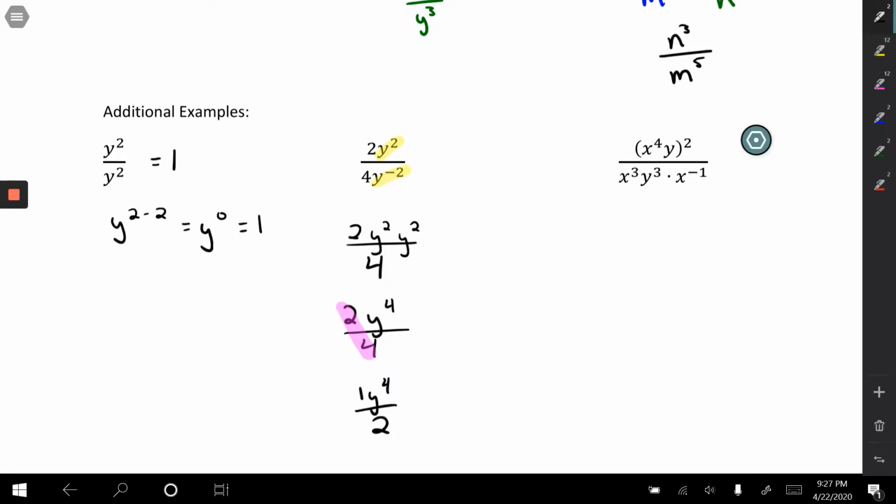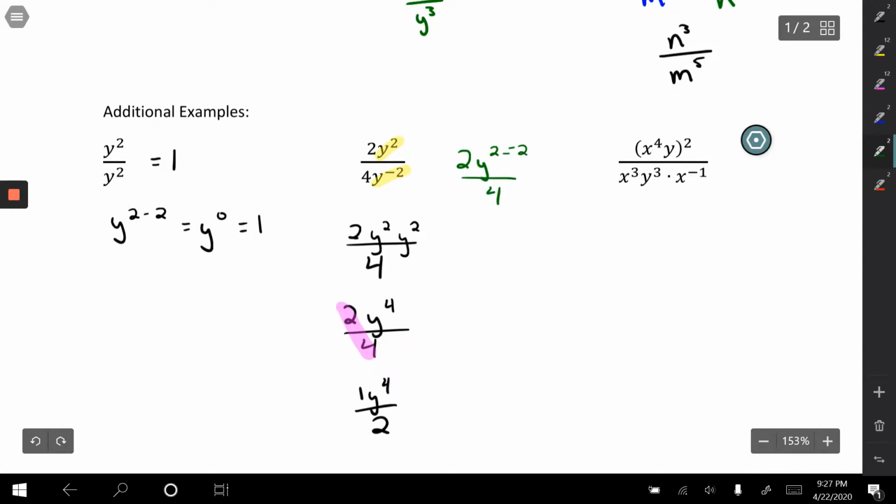There is another way that we can do this. Let's take a look at it. If I was using my quotient rules instead, let's say I want to use my quotient rules because we just learned them. These do have the same base. They both have a base of y. So if I use my quotient rule instead, what I'm really looking at there is that y squared minus, and that exponent on the bottom is negative 2 over 4.